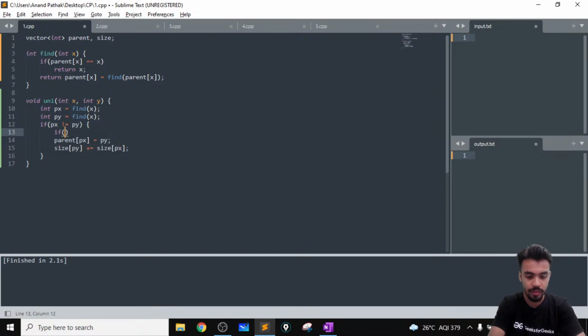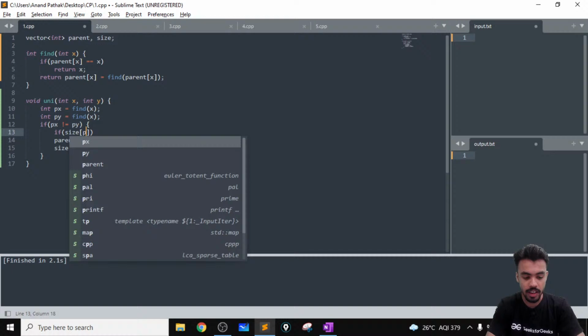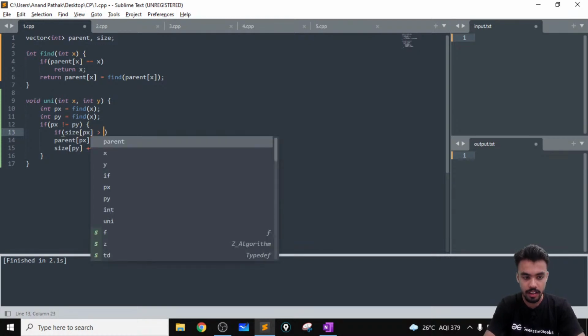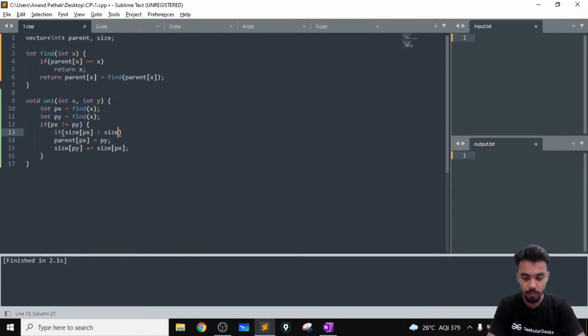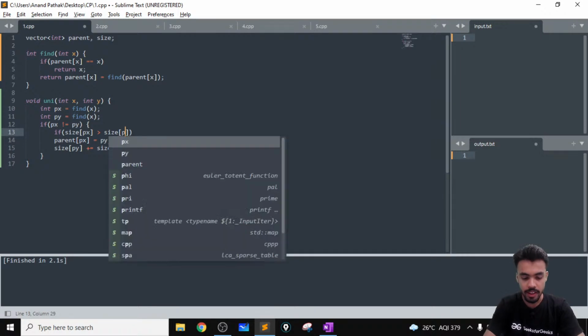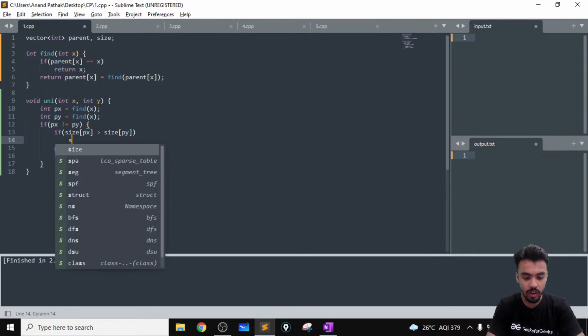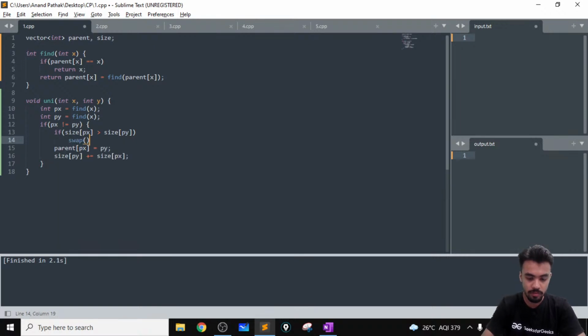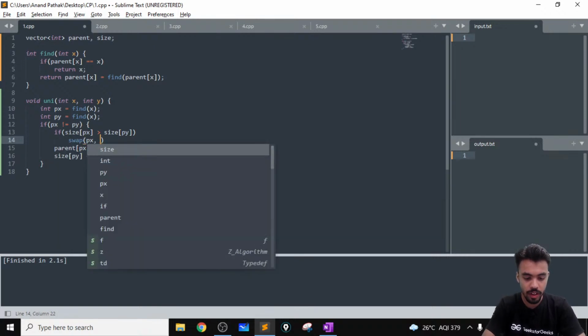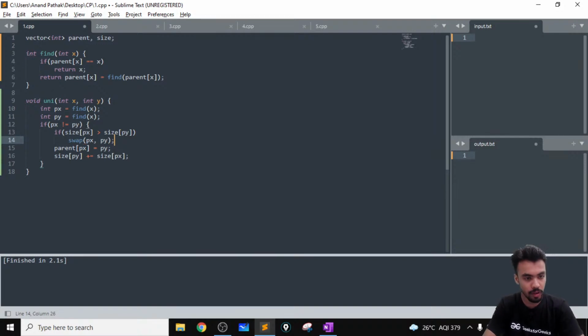So if the size of px, like if the size of this group is greater than the size of that group, then we are going to swap the groups.